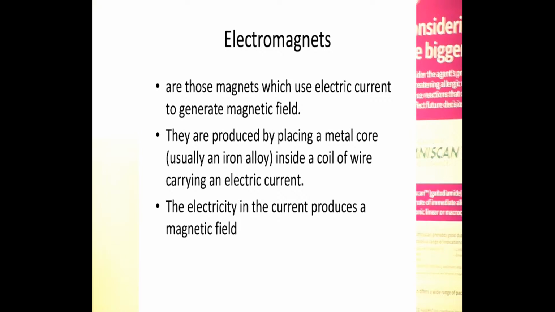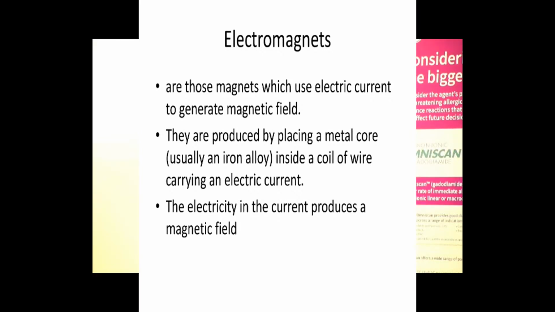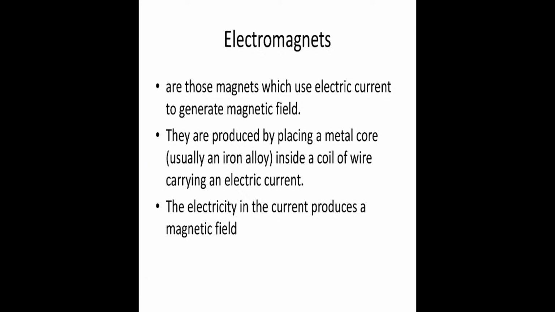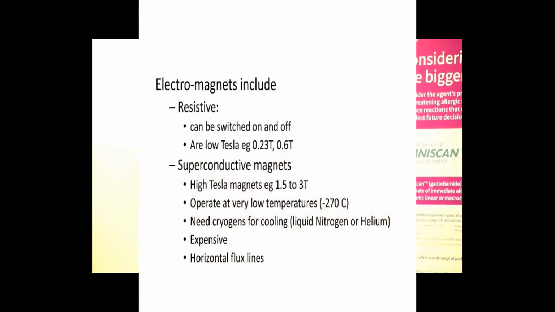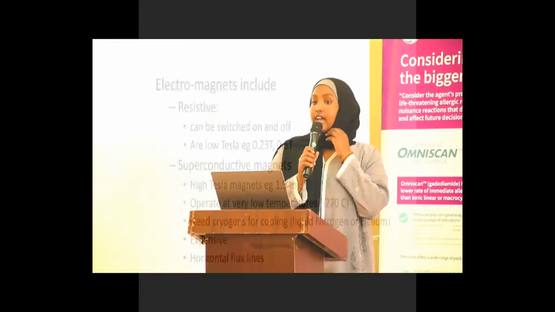So for the electromagnets, like I mentioned earlier, we have the resistive electromagnetic materials and we have superconductive electromagnetic materials. The resistive ones can be switched on and off, and they have a very low Tesla, as low as 0.3 to 0.6 Teslas. For the superconductive magnets, they have higher Teslas.